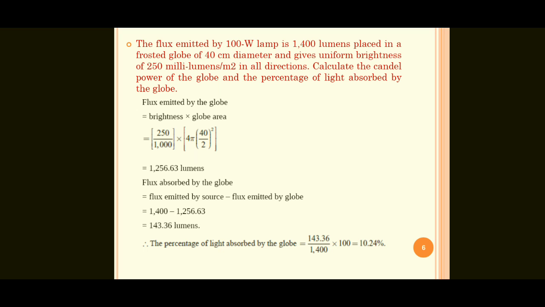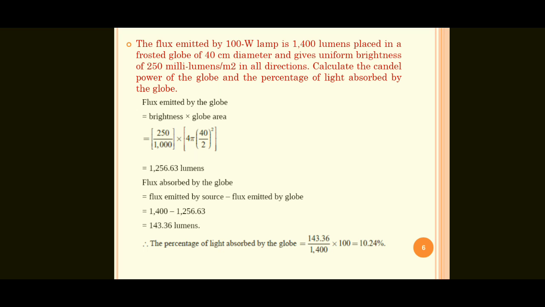So that is the flux absorption. The source output means the bulb, and the flux emitted by the globe is the output. The difference between these two is the flux absorbed by the globe.